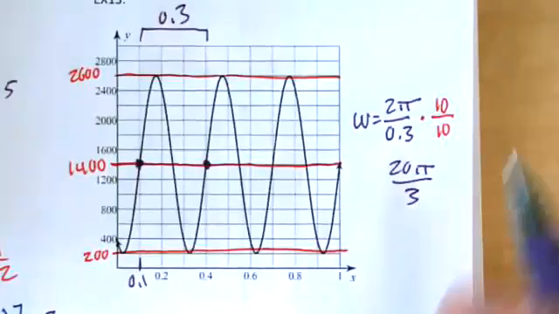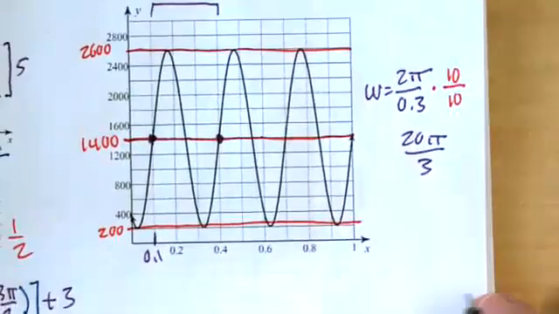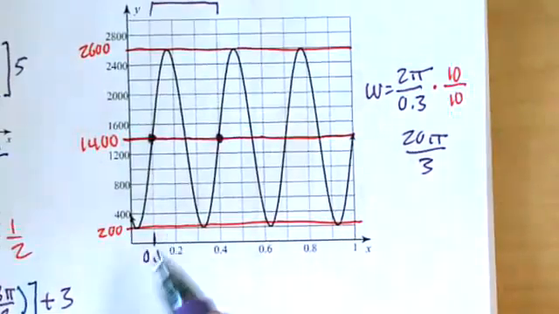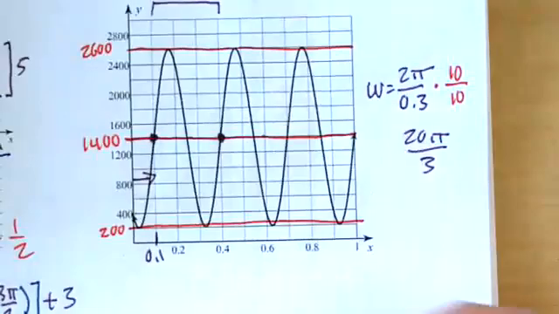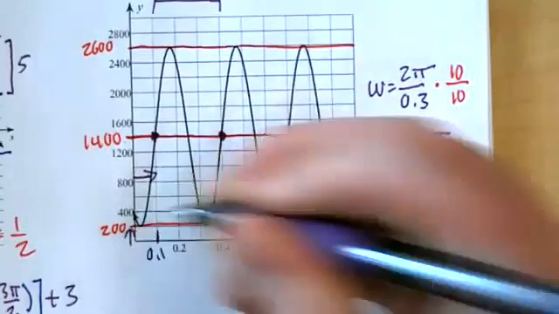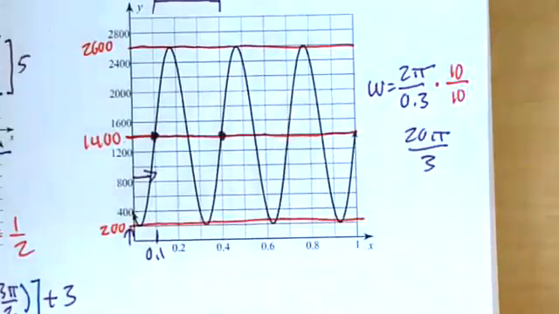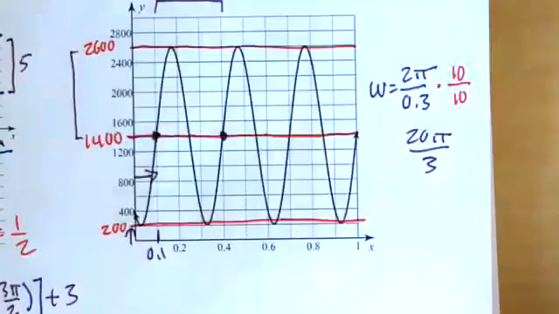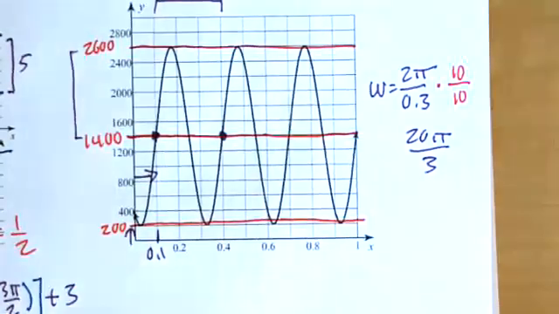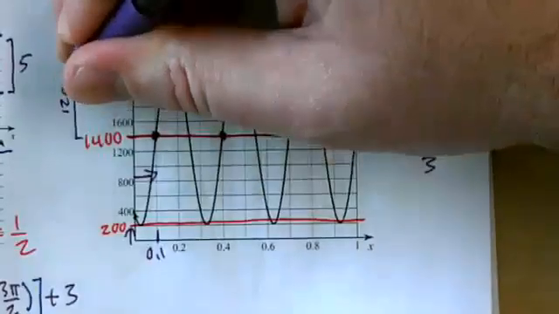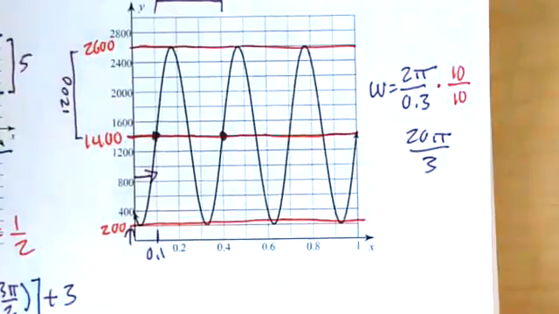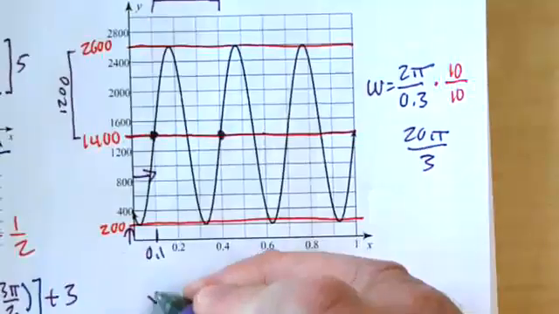All right, so we're going to use 20 pi over 3 for our omega. We've got to shift to the right by 0.1. We've got to shift up by 200. I think we've got all the pieces we need. Oh, our amplitude. From 1400 to 2600 is 1200. That should get us everything we need to write our equation. And we said sine.